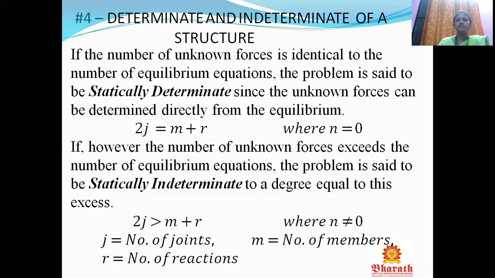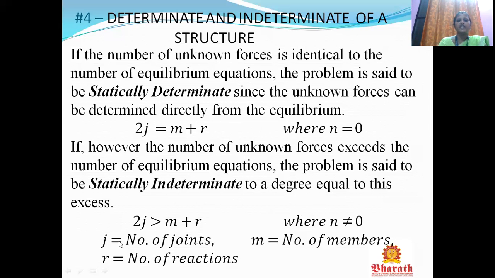That is 2j equal to m plus r, where n is 0. However, when unknown forces exceed the number of equilibrium equations, that type of problem is known as statically indeterminate structures. The degree is equal to the excess. For example, 2j is greater than m plus r, so here n is not equal to 0.